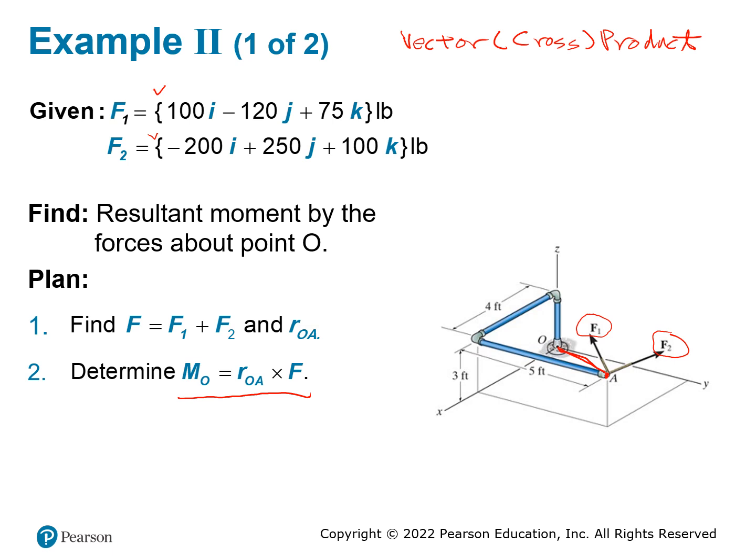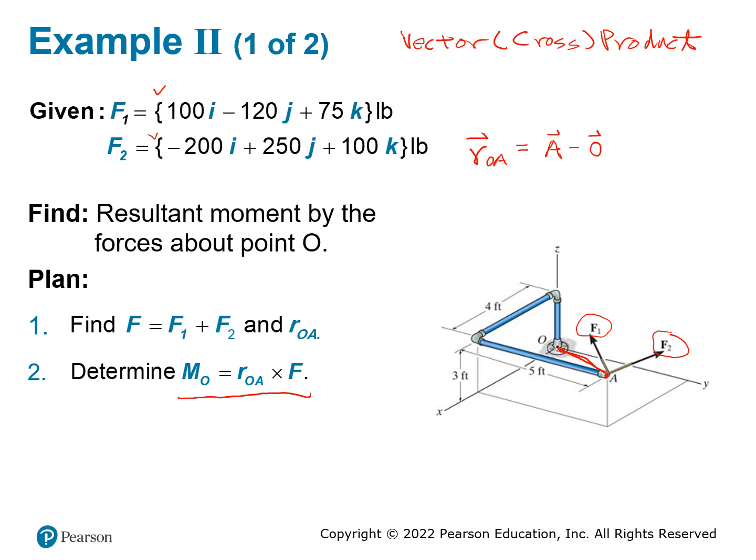So let's first find out the position vector. If you want to find ROA, we are going to use the position of A minus the position of O, where O is going to be 0, 0, 0.